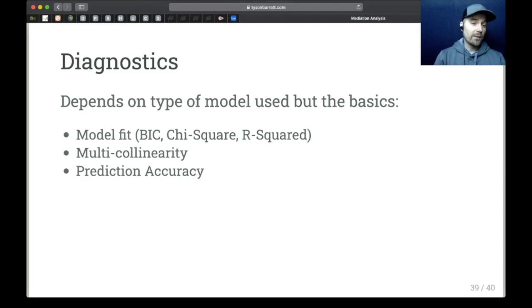We're going to want to consider multicollinearity, which would mean if X predicts M too much, if they're too related, then your path BC model is going to have a problem with multicollinearity, which usually means that your mediator is so related to your predictor that they're kind of the same thing, which is interesting.